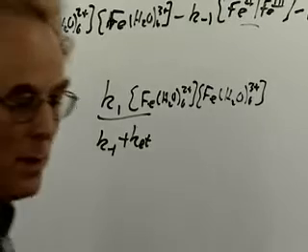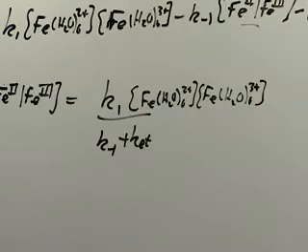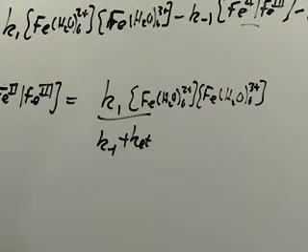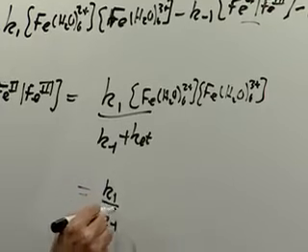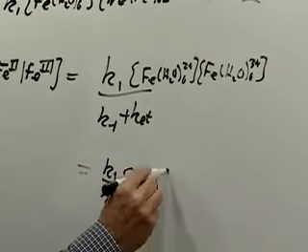And in most cases, the electron transfer rate is slower than k minus 1, and so I can reformulate this as k1 over k minus 1 times my two concentrations.